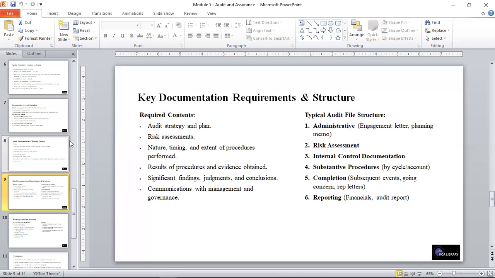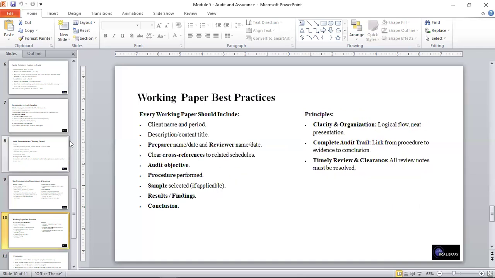These are the required contents in documentation. And we have the typical audit file structure, which includes the administrative, risk assessment, internal control documentation, substantive procedures, completion, and reporting.